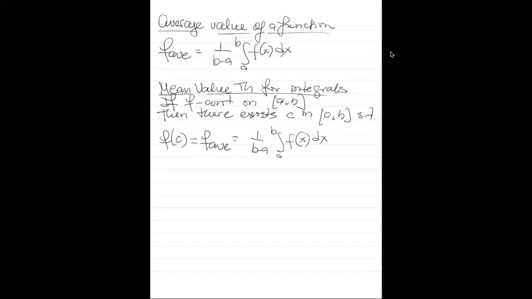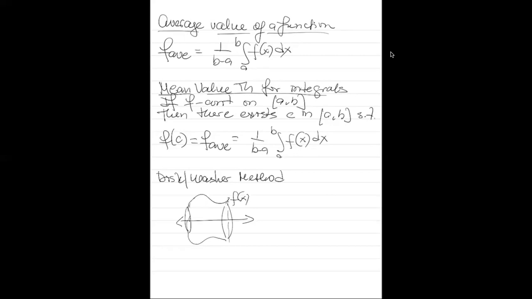So we had the disk washer method. I used this in the first two examples. That is when we have some function f of x being rotated. We have a region which we rotate around a horizontal axis. So it doesn't have to be the x-axis. So we have something like this. Think of a vase sideways.